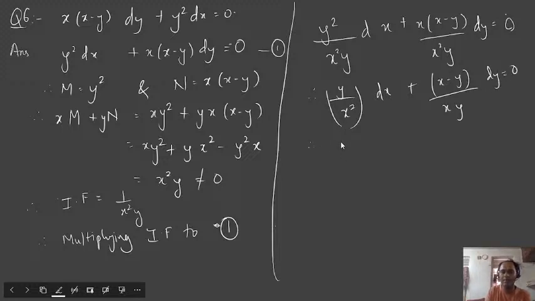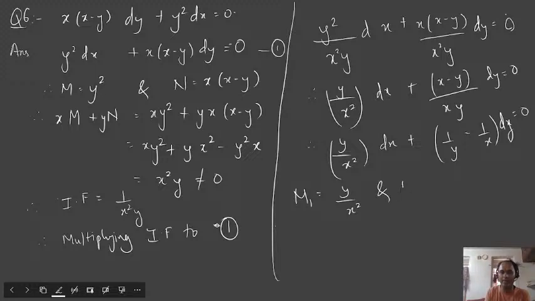Now here you have y over x square dx plus 1 over y minus 1 over x dy equals 0. Now you check, this is your M1 is y over x square, and your N1 is 1 over y minus 1 over x.